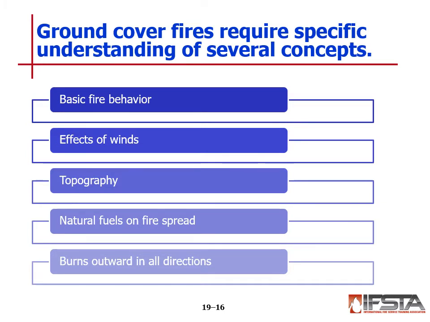The natural fuels that are there contribute to fire spread, and unless they're impacted by anything outside the fire itself, in other words, wind, topography, etc., ground cover fires burn outward in all directions. And if the fuel load is equal, if we don't have any wind or topography issues, it should be a fairly equal circle around the fire origin.